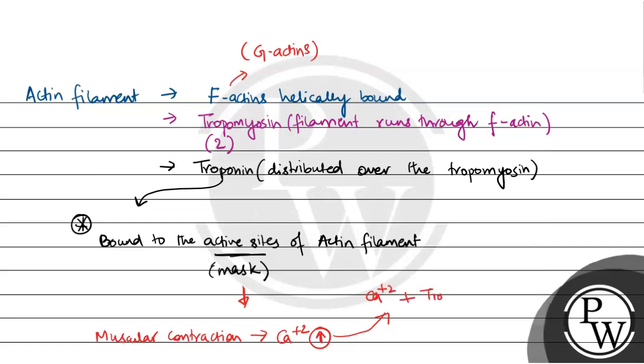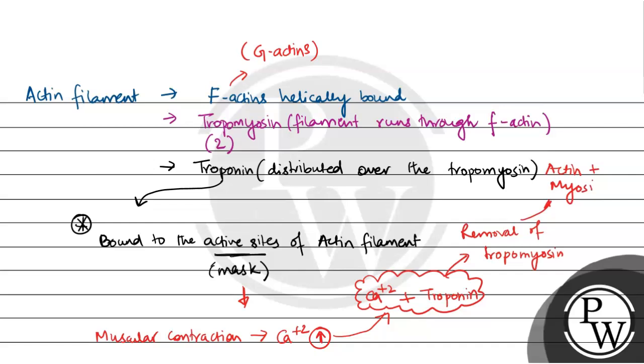Calcium binds to the troponin molecules, which results in the removal of tropomyosin from the active sites of actin. This results in the actin binding to the myosin heads and further resulting in muscle contraction.